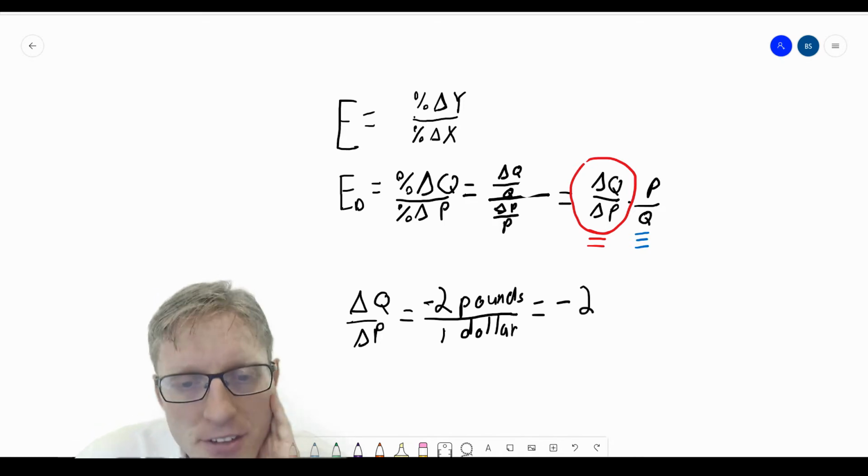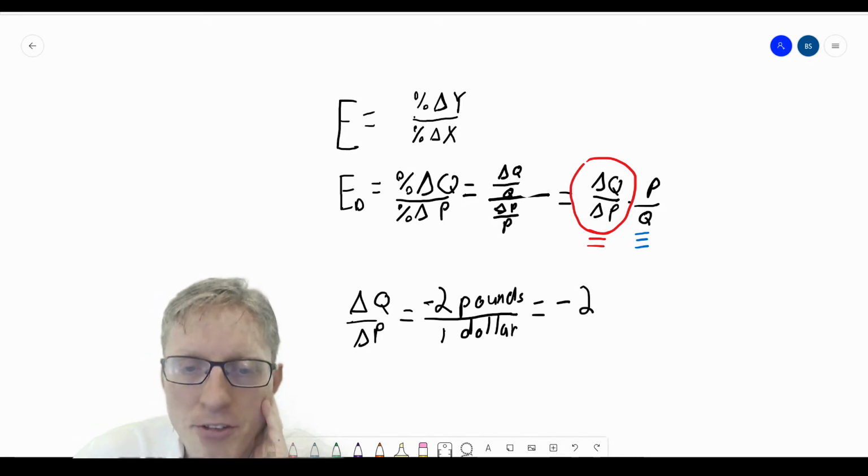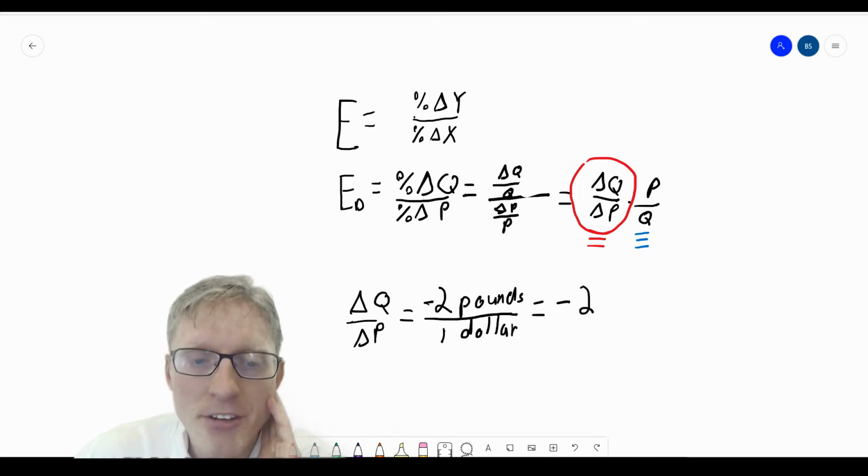So what does this say? This says that if the price increases by $1, then the number of pounds sold in the market will decline by 2. So the change in Q over change in P is equal to minus 2.